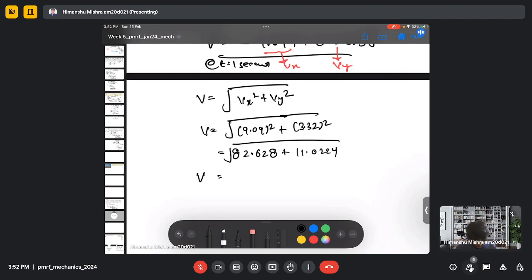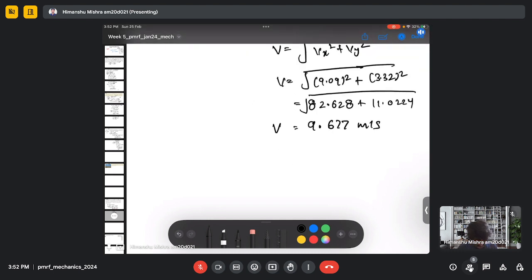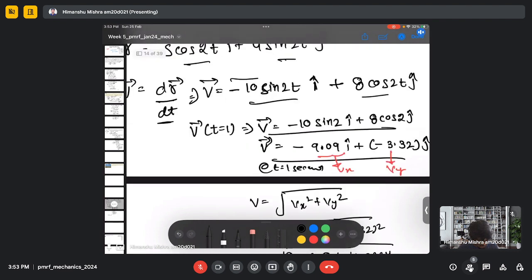So the magnitude of velocity will be 9.677 meter per second. And in the same way, we can actually define the acceleration vector, which is a derivative of the velocity vector, which is this. Sorry, which is this one.